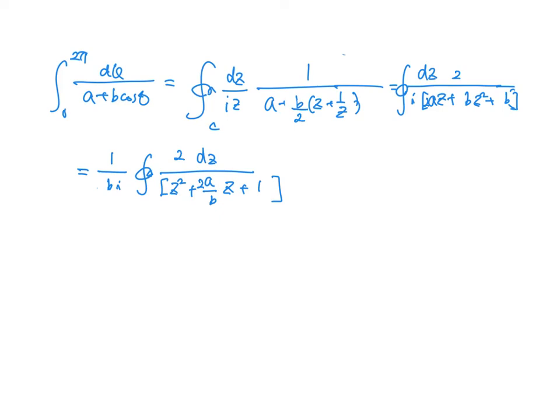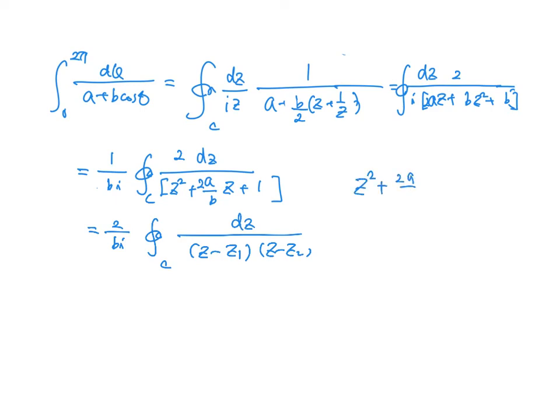So that is 2 over bi, c minus c1, c minus c2, z squared plus 2a over b z plus 1 equals 0. So z is minus a over b plus minus square root of a over b squared minus 1.